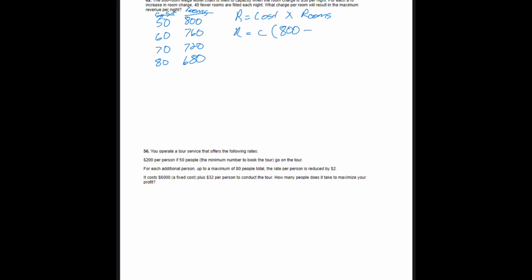Well, I think the easiest way to try and do this is to start at 800 and then subtract from that 40 rooms for every $10 that the cost exceeds 50. So then subtract from that 40 times the cost minus 50.